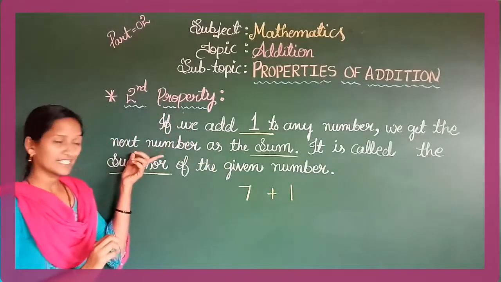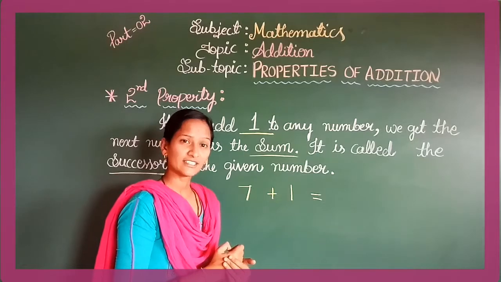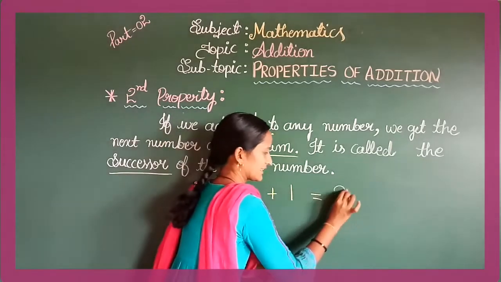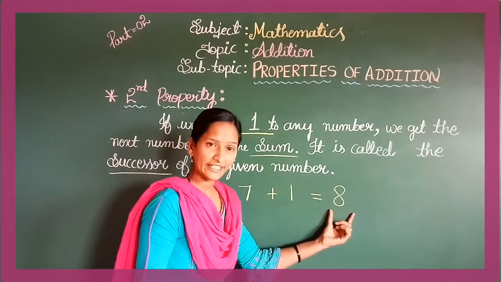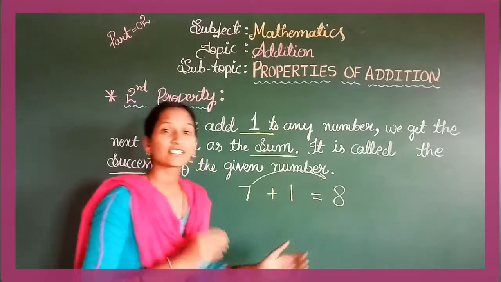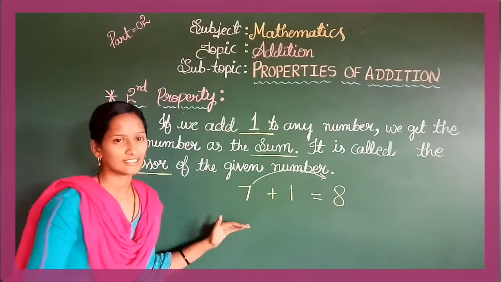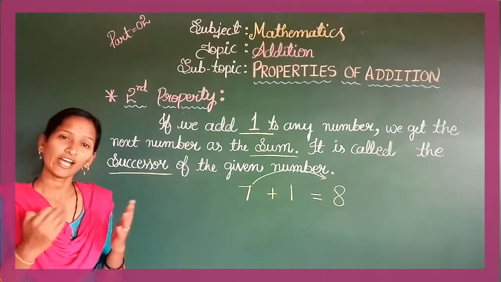It is the next number. After 7, which number is there? After 7 comes 8, right? So 7 plus 1 is also 8. The successor of 7 is 8. This is the second property of addition.